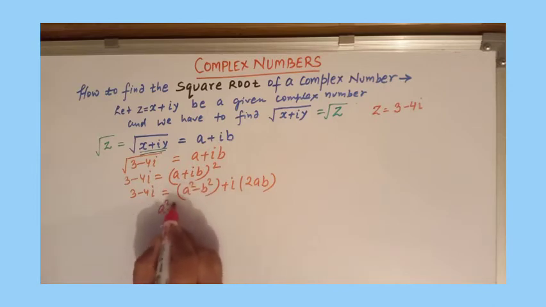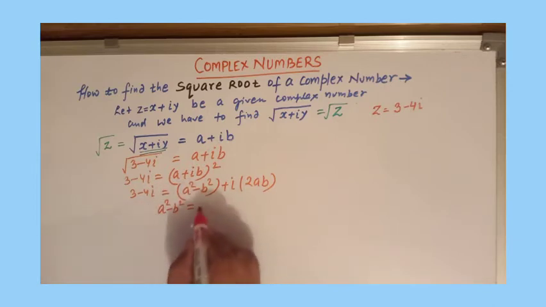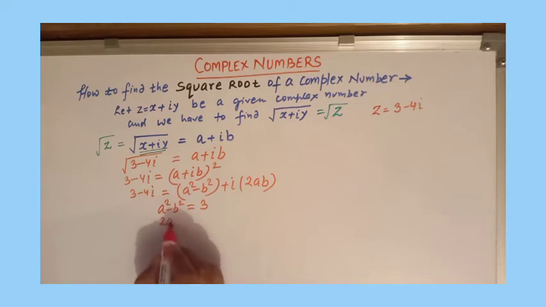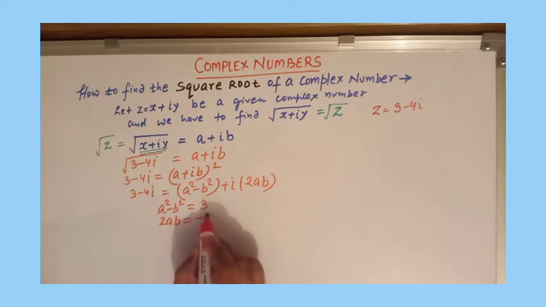So we have a square minus b square is equal to 3, and taking the imaginary parts on both sides, we have 2ab is equal to minus 4.